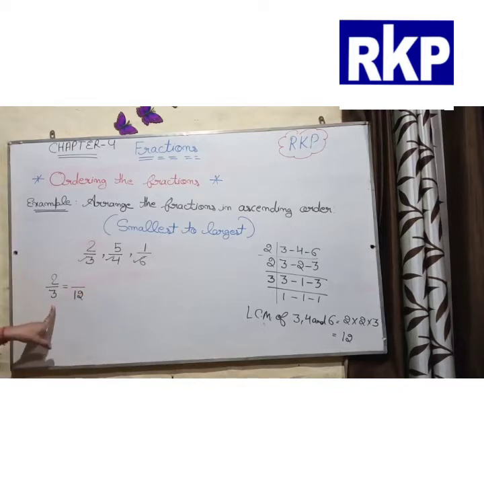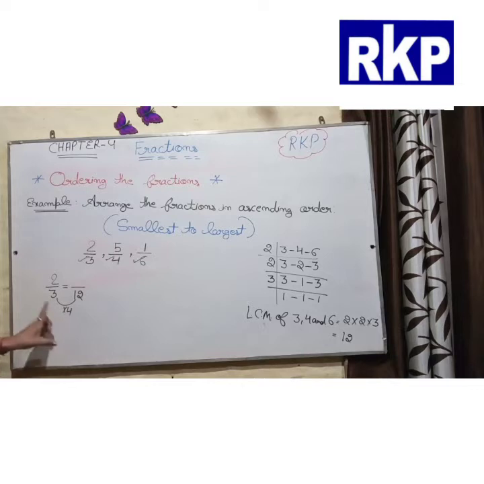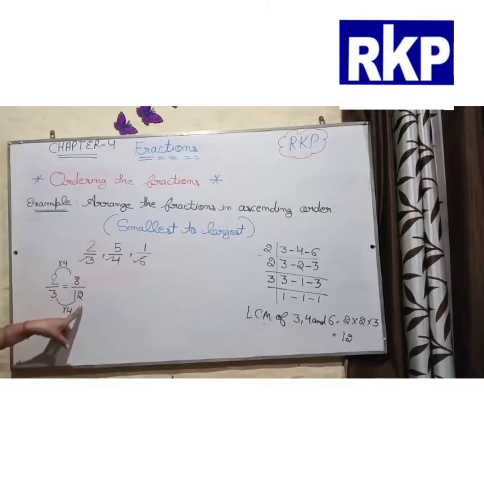Now I am writing the equivalent fraction of 2 by 3 with denominator 12. Now let us see how we can get 12 from 3 by multiplying with 4. When we multiply 3 by 4, we will get 12. So now we have to multiply the numerator also by 4. Then we will get 8. Now here 8 by 12 is an equivalent fraction of 2 by 3.